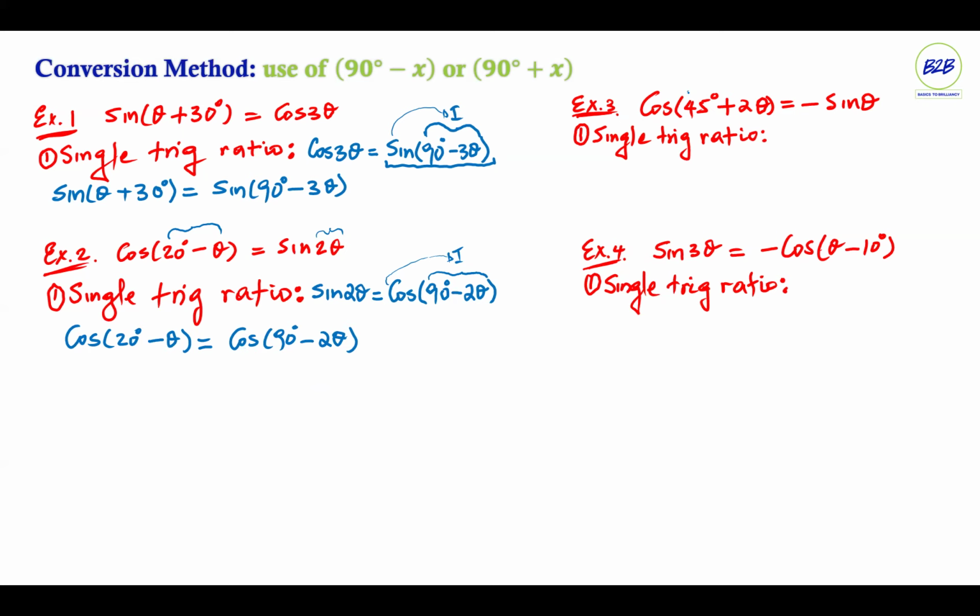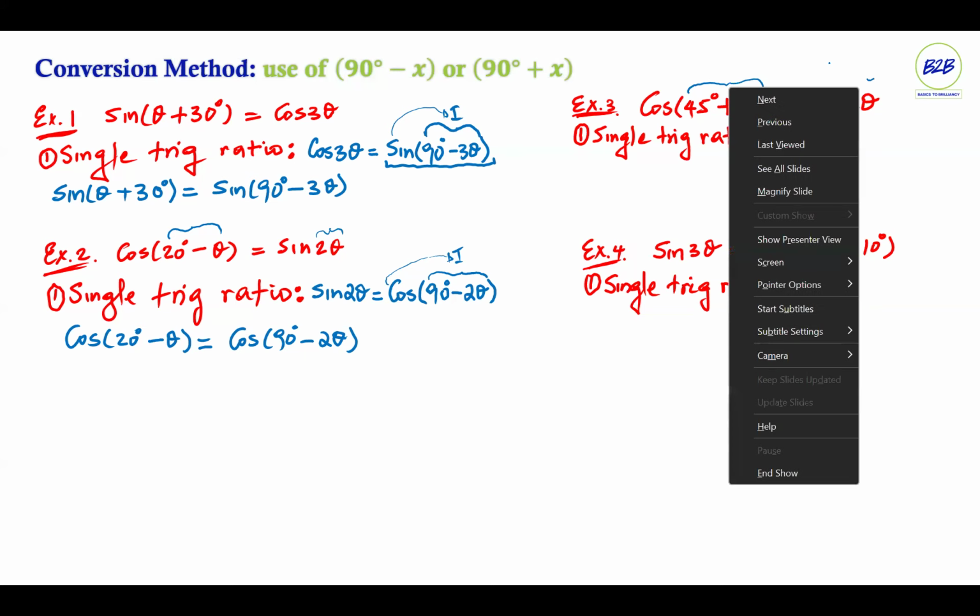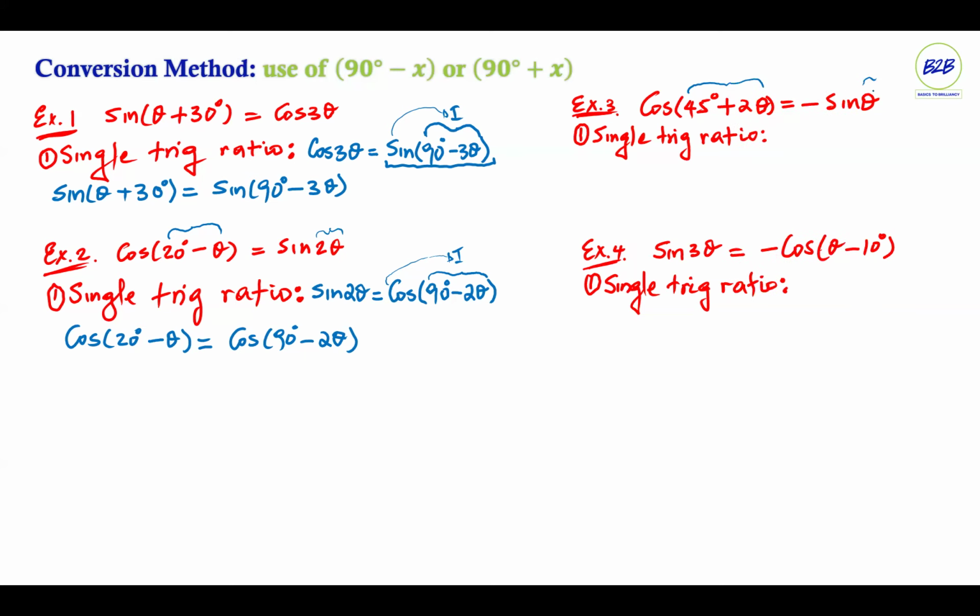We have 45 degrees plus 2 theta as the first angle, and then our second angle is theta. Then the question is between the two, which one is simple? I think you can see it is just theta. Then based on my recommendation, preferably you change minus sine of theta. All right, let's go back to our question.